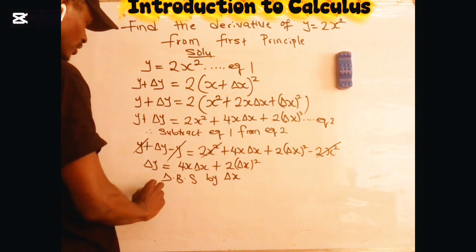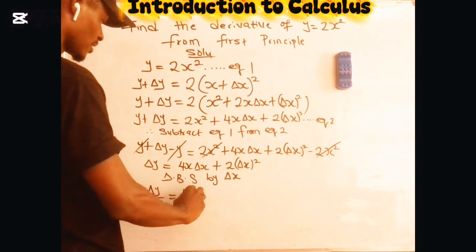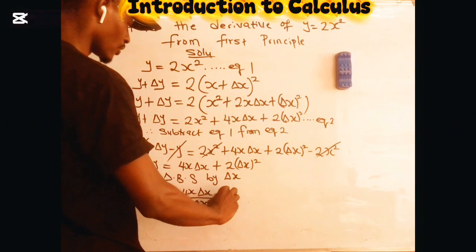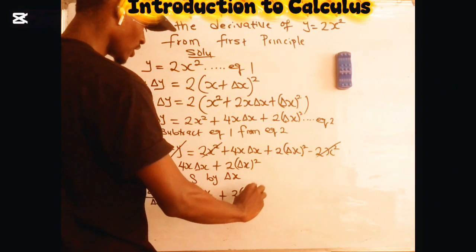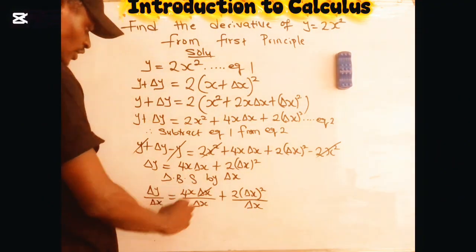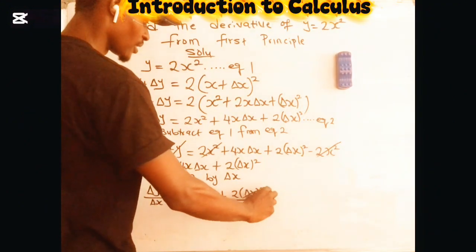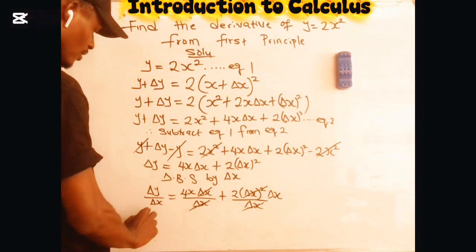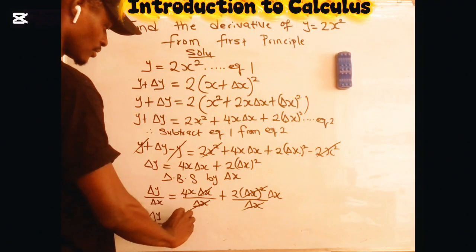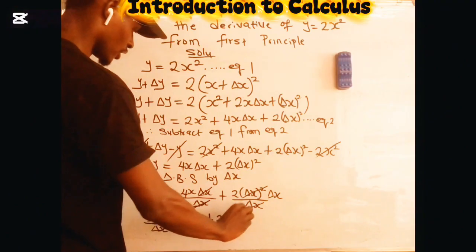That gives me changing y over changing x to be equals 4x changing x over changing x plus 2 changing x squared over changing x. Changing x cancel changing x. Changing x squared divides changing x to give me changing x. Therefore, we'll have changing y over changing x to be equals 4x plus 2 changing x.